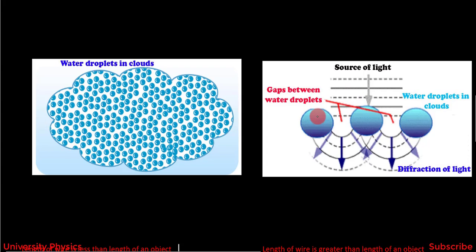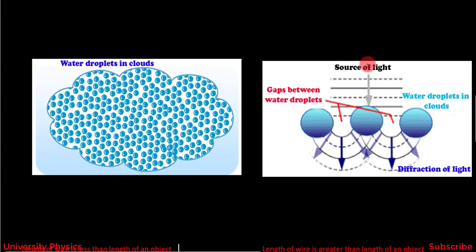If we take a few water droplets in clouds as shown in this figure, the light coming from the sun will diffract. For example, this is the water droplet, and here is a source of light, and this one is the small gap between the water droplets.